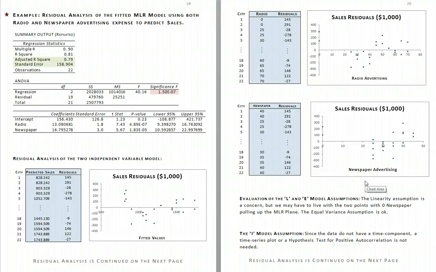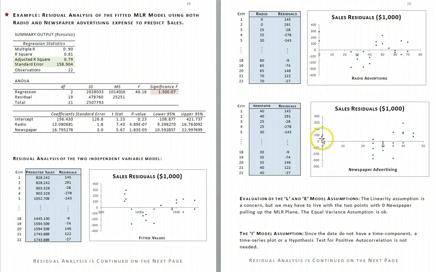A comment on the curvature we've observed on these two residual scatterplots. That curvature may in fact be reinforced by, in the case of the residual values versus radio advertising, the two cities where there was zero expenditure on radio advertising and, looking back at the data, a rather high expenditure on newspaper advertising.